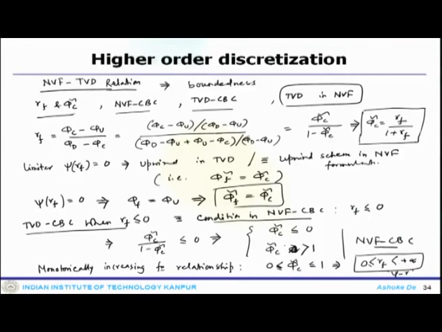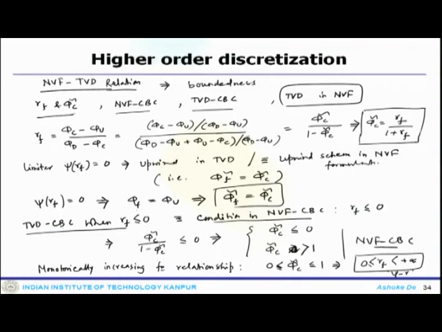So, there are equivalent conditions between the TVD CBC and NVF CBC. So, you got 3 different conditions here.